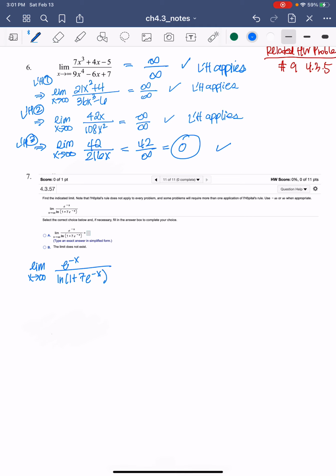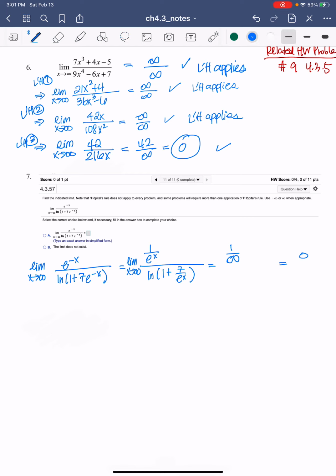Well, let's first plug in infinity. I'm going to get e to the negative x, the same thing as 1 over e to the x, because a negative power can be rewritten using a positive power. Same thing here, 1 plus 7 over e to the x. I just like to have a positive exponent. So if I plug in infinity, I have 1 over infinity, so the numerator is just going to be 0. 1 divided by a real big number is 0.